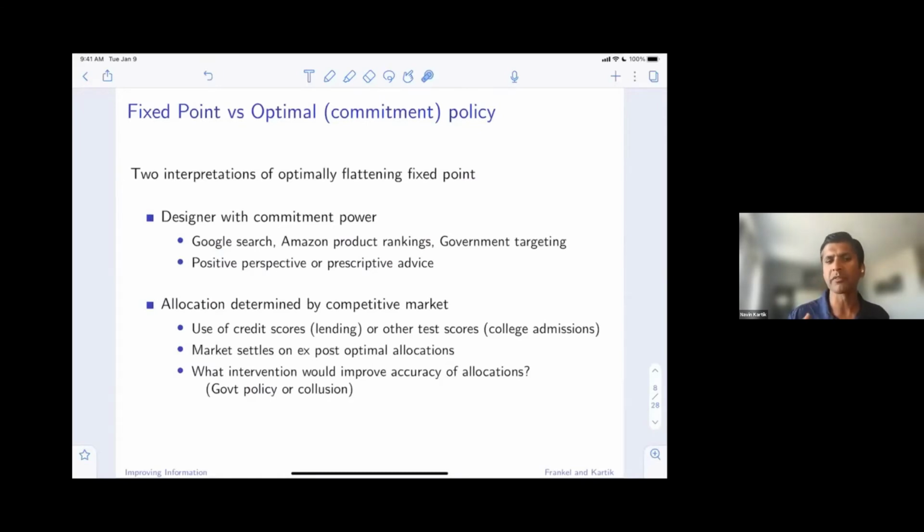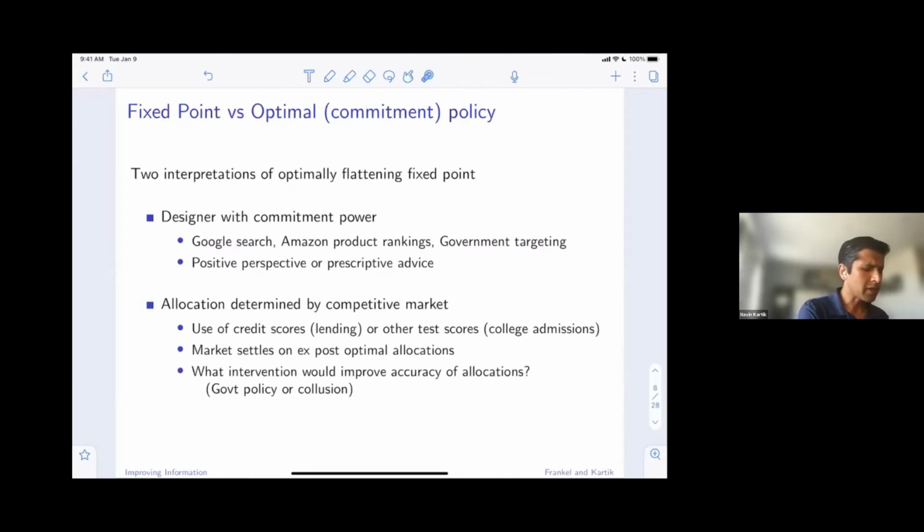And so there we think of our result as being a positive result. This might describe exactly what they actually do. Or it could even be viewed as normative prescriptive advice, which is if they've converged somehow to a fixed point or are thinking about the fixed point, one should realize that the fixed point is not actually ex ante optimal for this designer and should actually flatten relative to the fixed point.